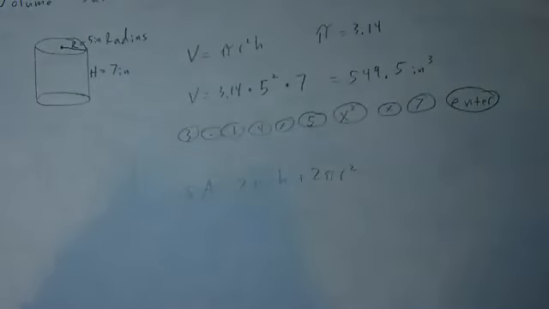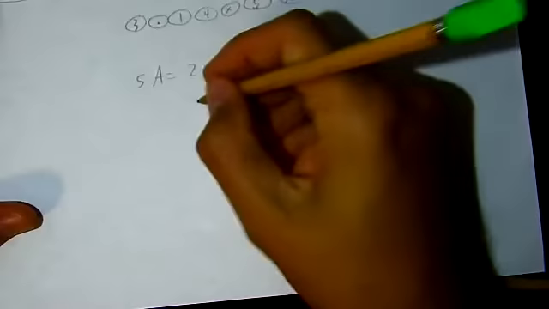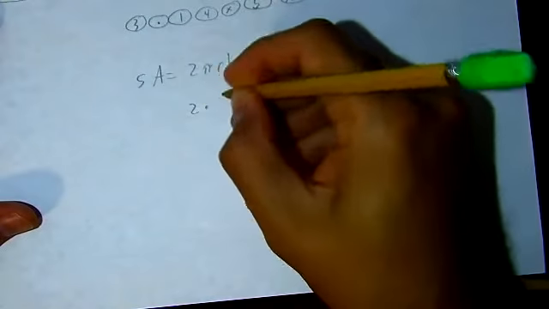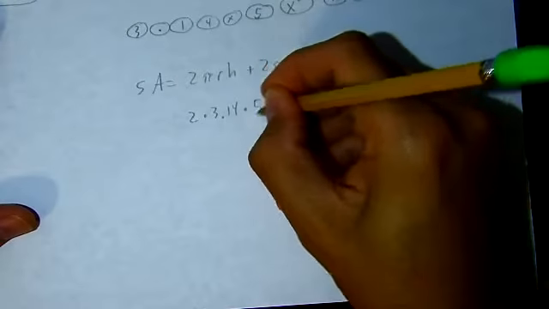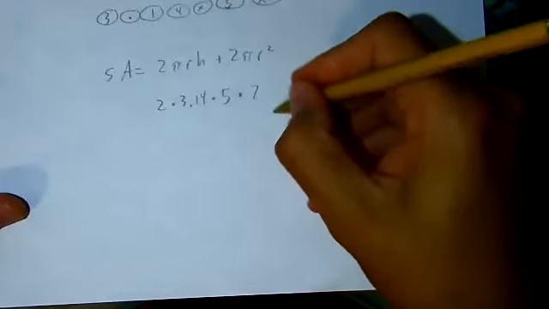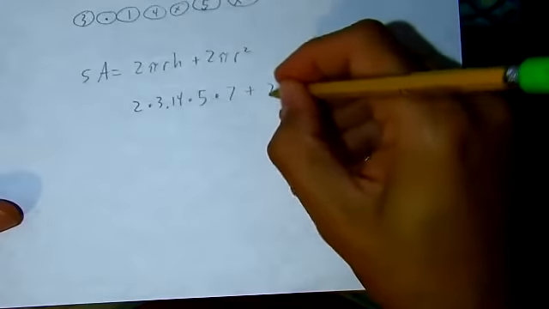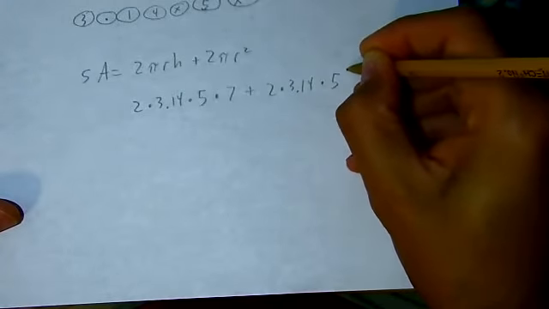Now we're going to use the same measurements that we had right here for this cylinder. So 2 times pi times the radius times the height plus 2 times pi times the radius squared.